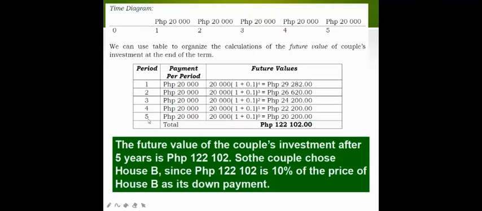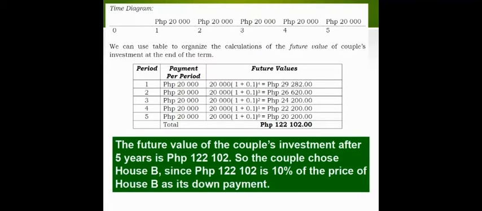In the fifth year, another 20,000 invested, so the future value is 20,000 pesos. And the total is equivalent to 122,102 for 5 years. Okay, the future value is 122,102. So, the couple chose house B.